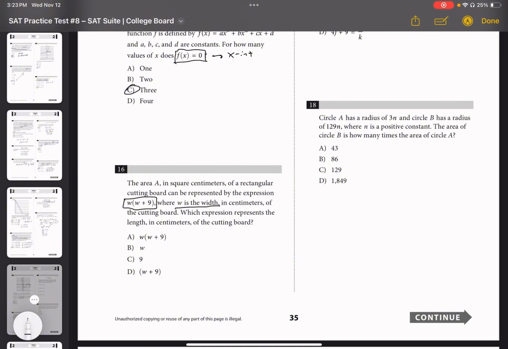Okay, so if we're looking for the length, we know that the area is equal to length times width, and we know width is equal to W as represented in the equation. So the area in the equation is W times (W plus 9). If we're looking for length, we're going to divide this equation by W, the width, and we're going to get the length is W plus 9, which is option choice D.